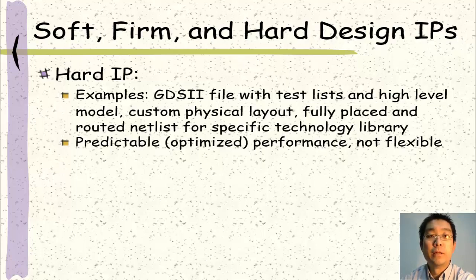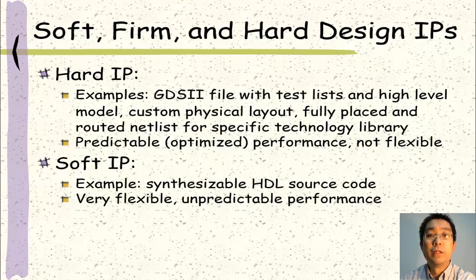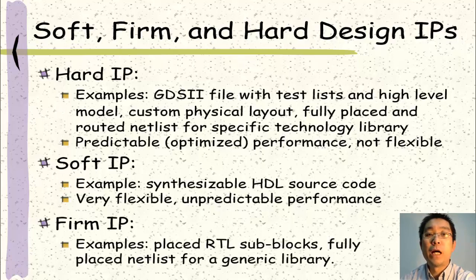On the other hand, soft IPs are delivered in the form of synthesizable HDL code like Verilog or VHDL programs. They offer great design flexibilities despite the less predictable performance. Examples of firm IPs are placed RTL subblocks and fully placed netlist for generic technology library. They can be considered as a compromise of hard IPs and soft IPs.